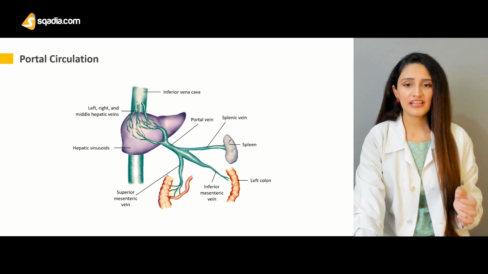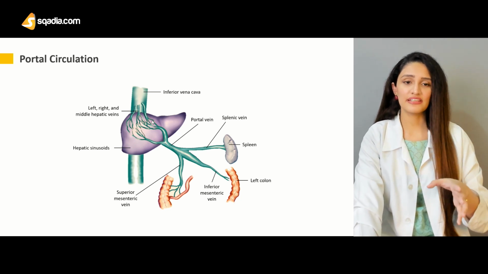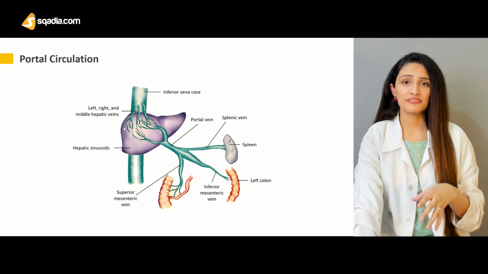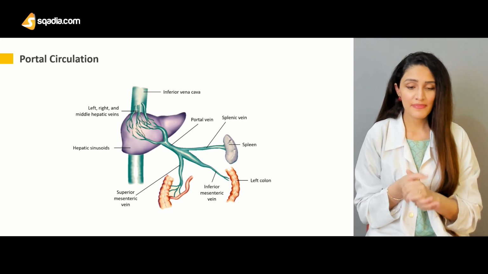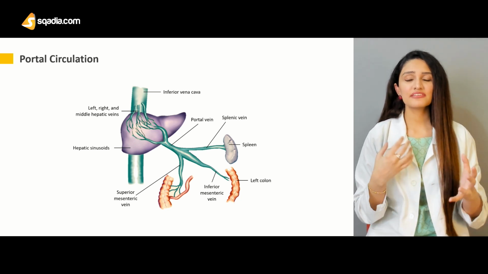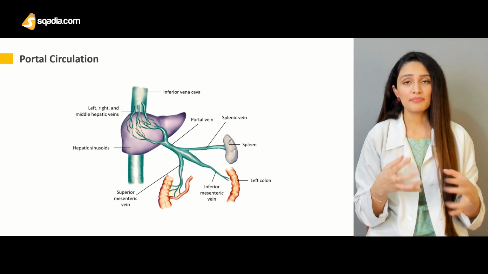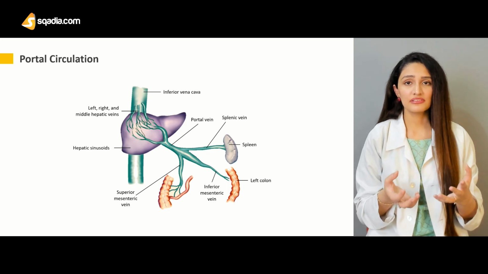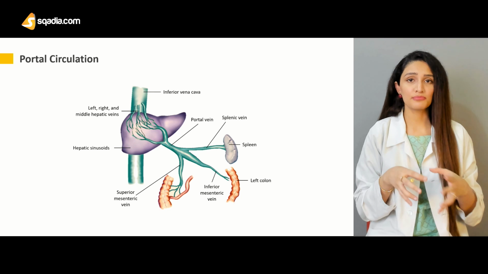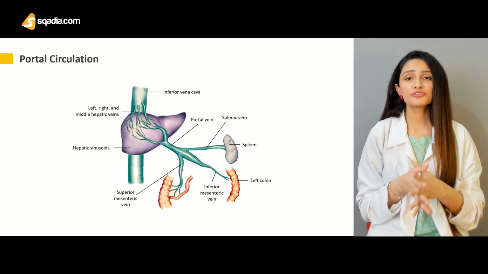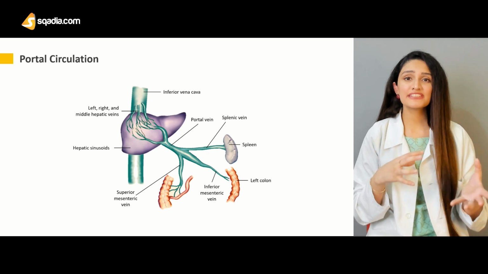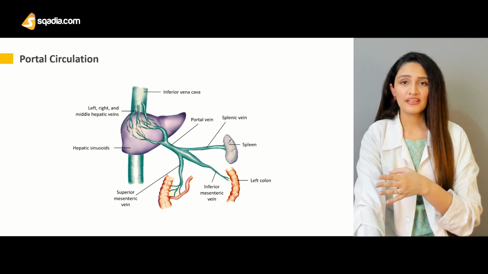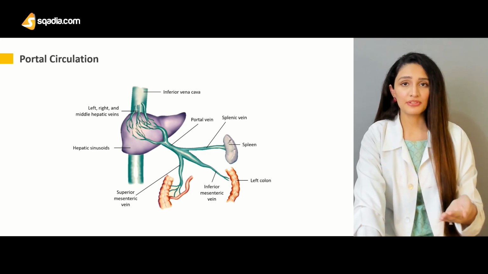The portal vein drains into the liver, and from there the hepatic veins drain the blood. The hepatic artery is also supplying the liver. So, for example, if there is some hepatic artery thrombosis, there's a compensatory mechanism, and most of the blood is drained through the portal vein into the inferior vena cava.